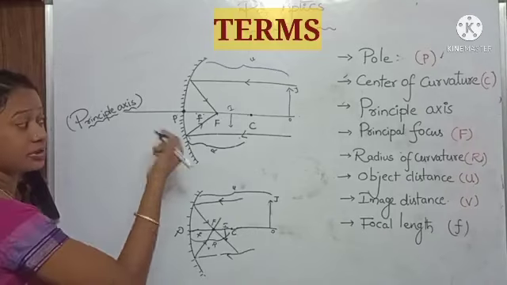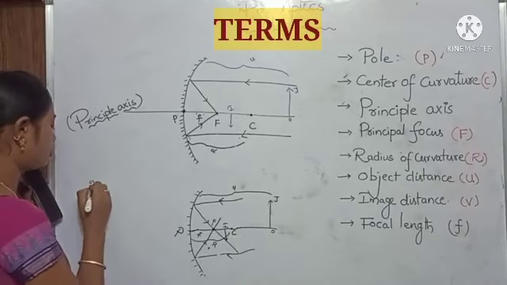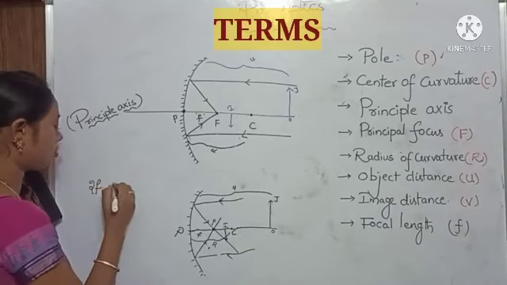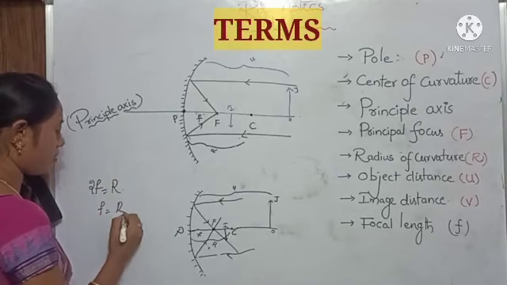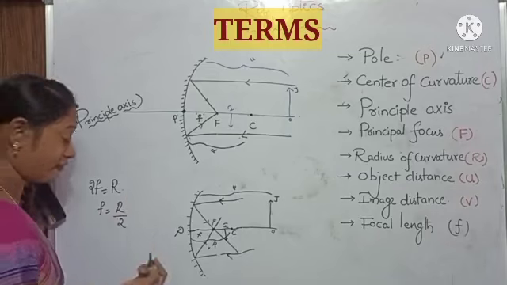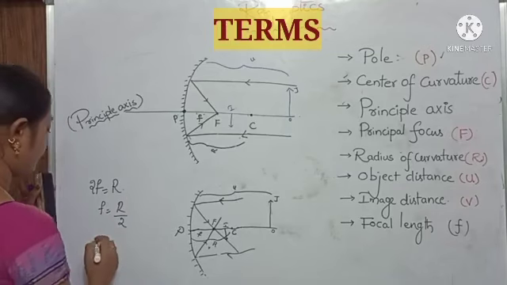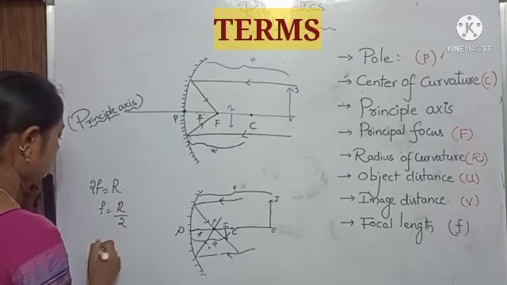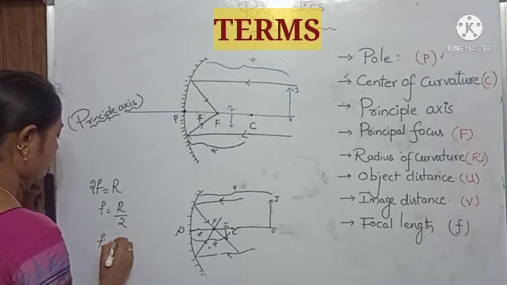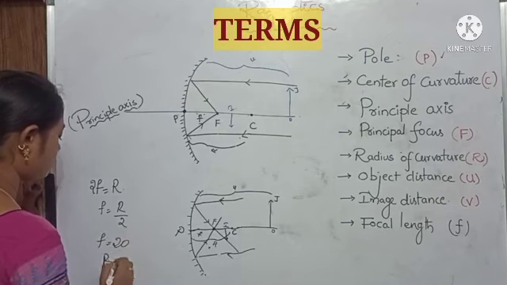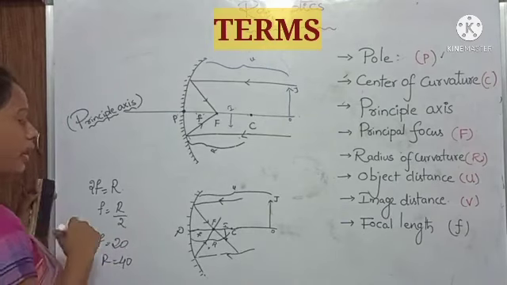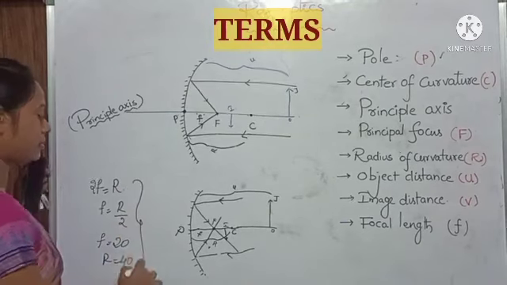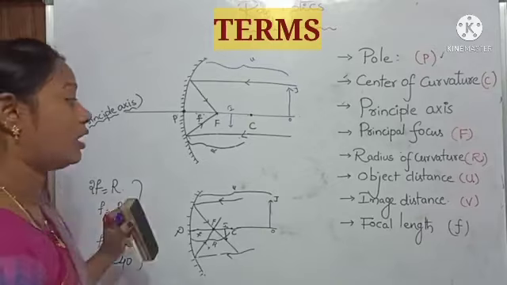What is the relation between F and R? R is equal to 2F, so F is equal to R by 2. If F is 20, then R is equal to 40, for it is double. So this is the relation: R is equal to 2F.